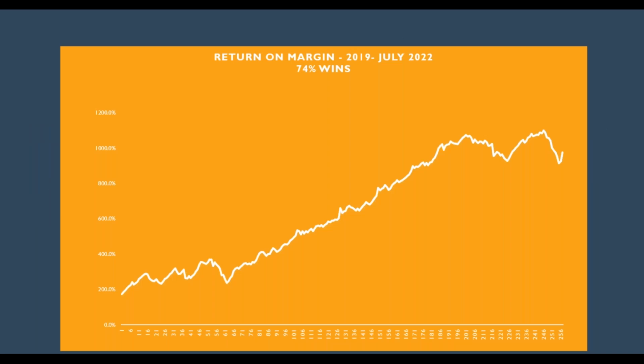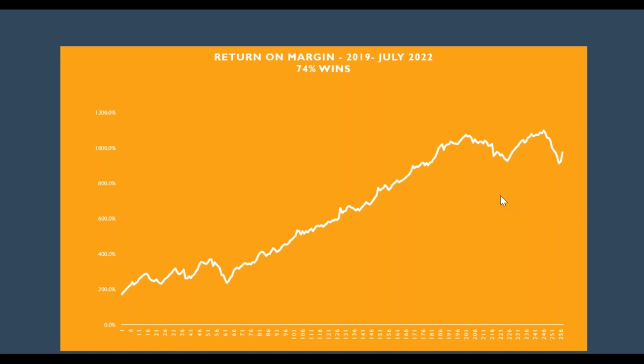This is my equity curve over the last 2.5 years. It looks just like this for the 11 years I've been doing this. You can see that we have a positive equity curve here. There are times when we have losing streaks and losses. This particular time is very difficult.